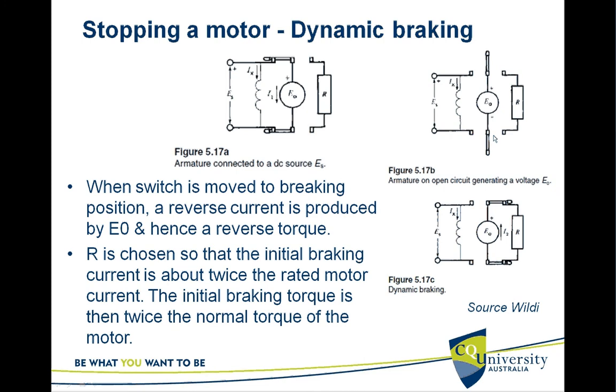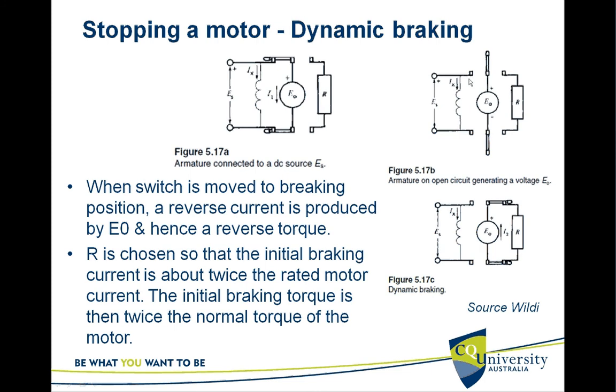What happens then? You still have the back EMF acting in the same direction. So then suddenly the motor starts working just like a generator, right? The current direction has to change, because earlier the supply voltage ES was larger than the back EMF, so the motor was receiving current.